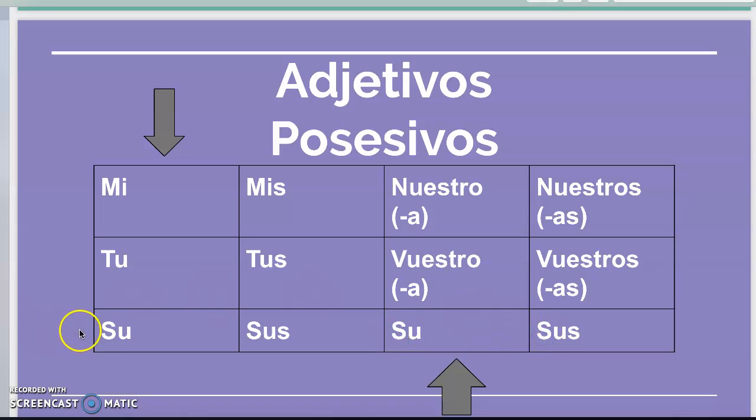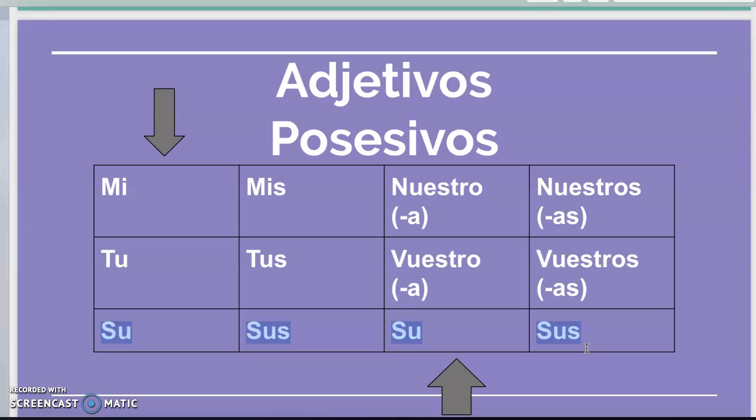Notice, this whole entire row is the same. So how do you tell the difference? Context clues. You'll actually have to listen to the speaker or read the text to find out which person they're referring to. But what's great about it all being the same is it makes it easier for us to remember. It's less to remember. Yes, this chart you will need to know.